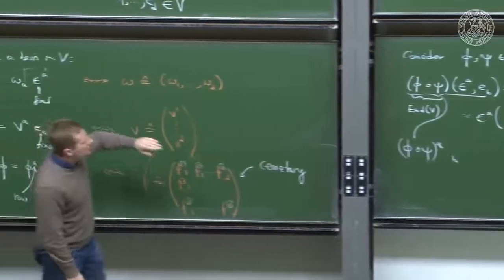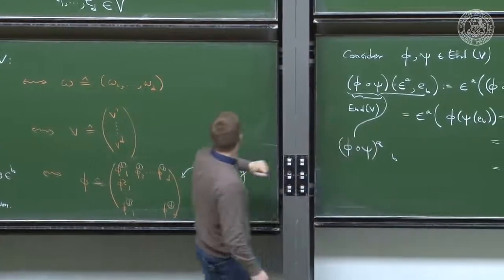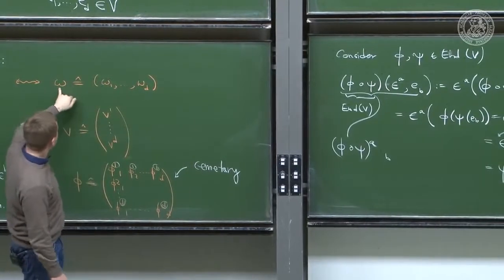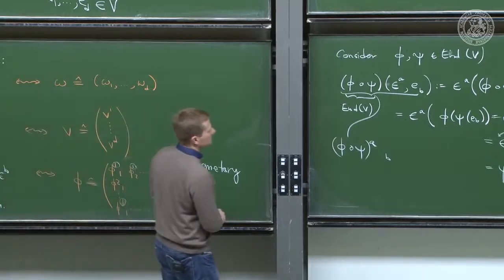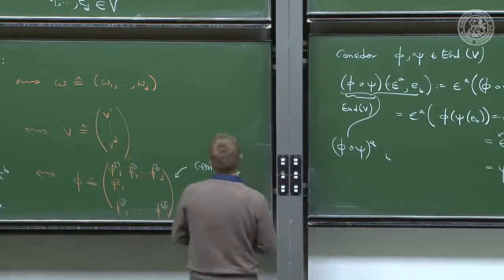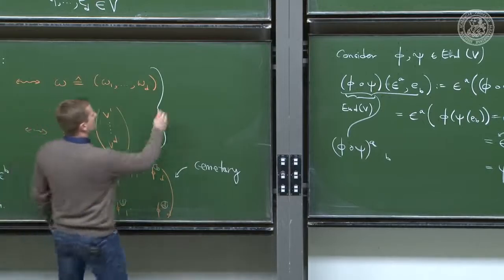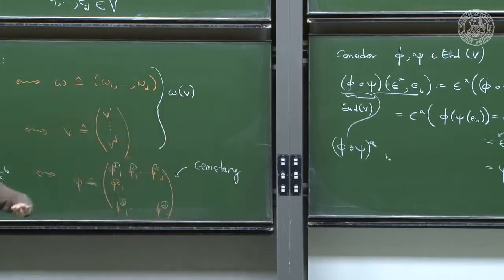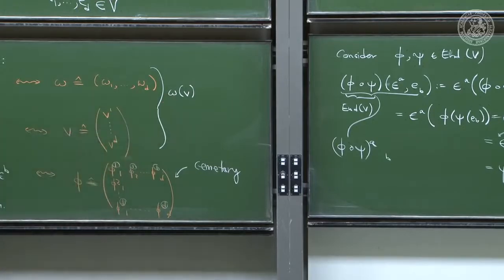Now, if you use this rule and you extend it to Hom VW with corresponding dimensions, then you can also act with an omega from the left on a V. So with this rule, I write it down here. So I derive the rule from here, but you can also say you have an omega and it acts on a V. Without coordinates, without basis, it's clear this is possible. This is a covector. A covector acts on a vector to yield a number.